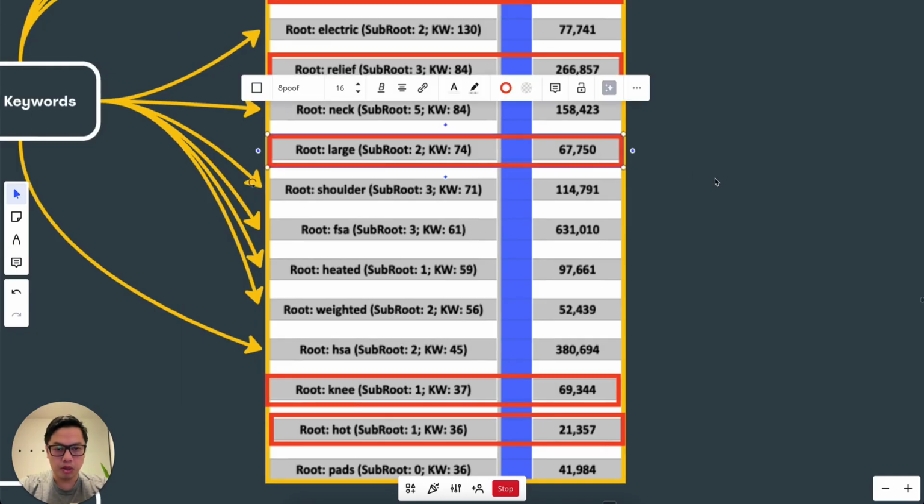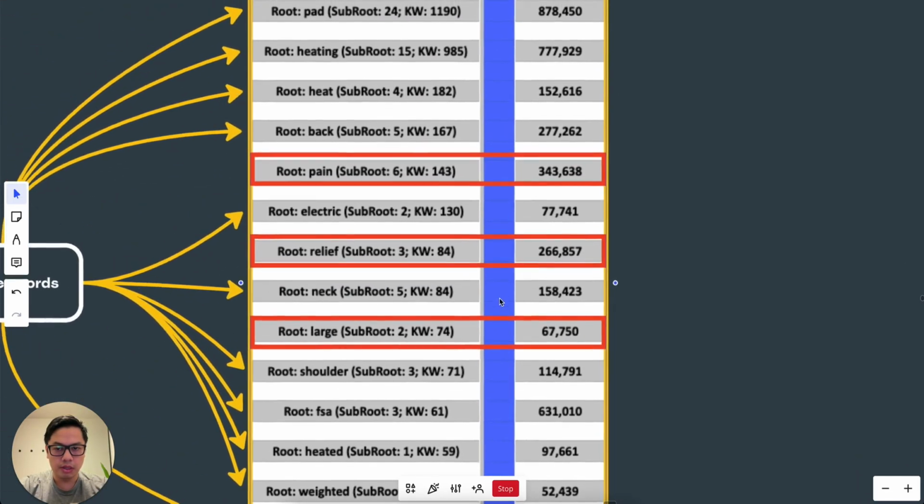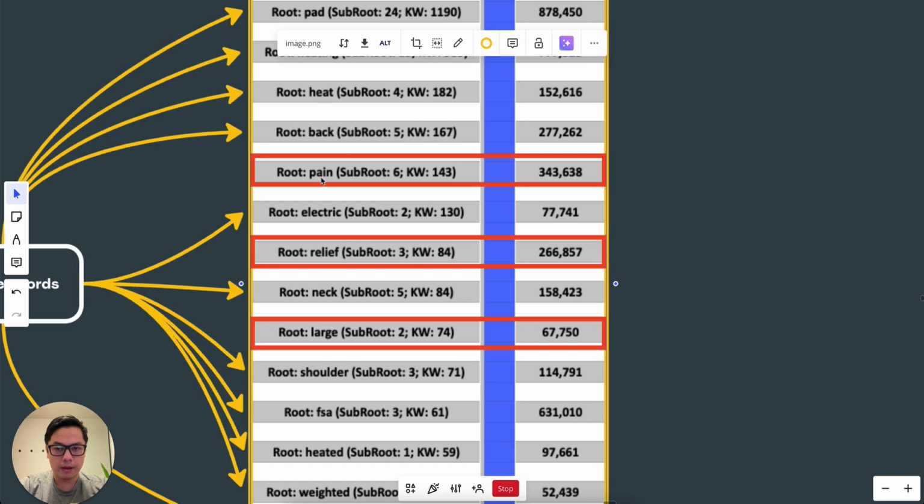A lot of people were looking for large. FSA, HSA, we identified as huge markets there. Heated, weighted. Weighted is a smaller market, but still pretty large. In terms of back, neck, and shoulder, in terms of the target areas, people are more interested in back.